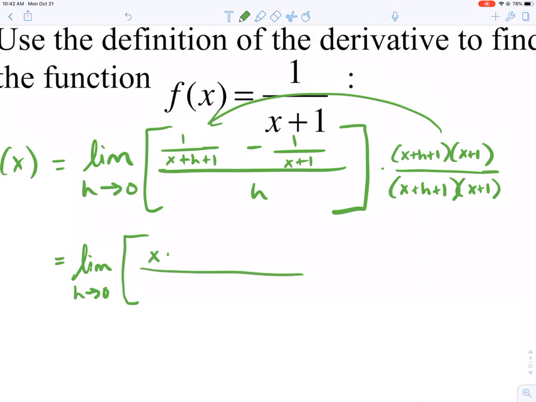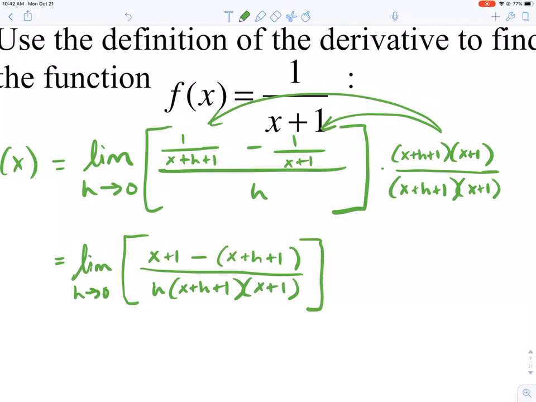And we'll be left with x plus 1. And then when we distribute to the second fraction, the x plus 1s will cancel and we'll be left with minus the quantity x plus h plus 1. Make sure you use your parentheses. And the denominator can stay in factored form since we're trying to get that h to cancel.